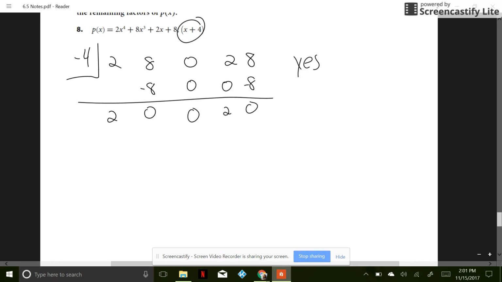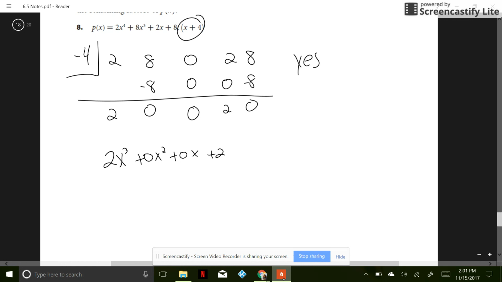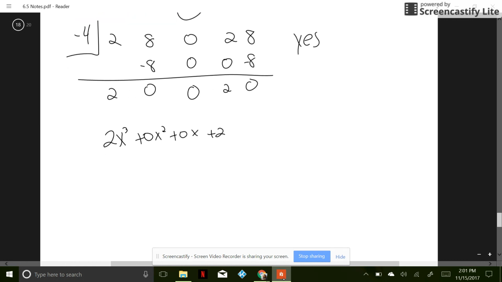So now we want to check for the remaining factors. Our original function was to the fourth, so ours will be cubed. So 2x cubed plus 0x squared plus 0x plus 2, which will get us 2x cubed plus 2.